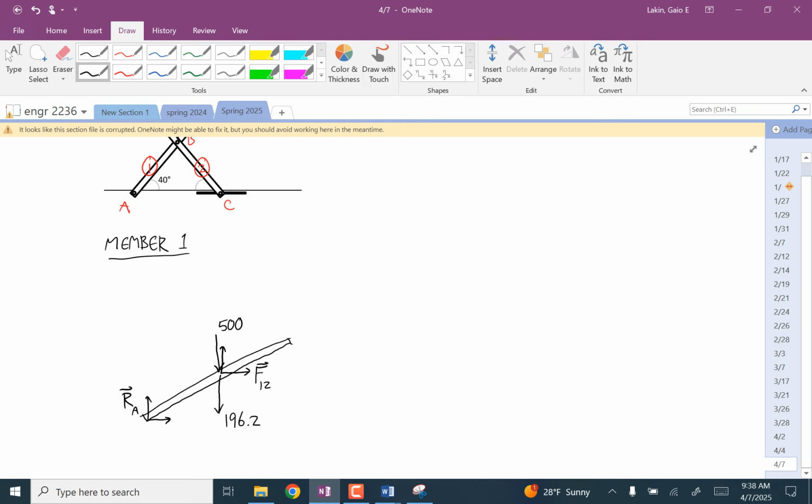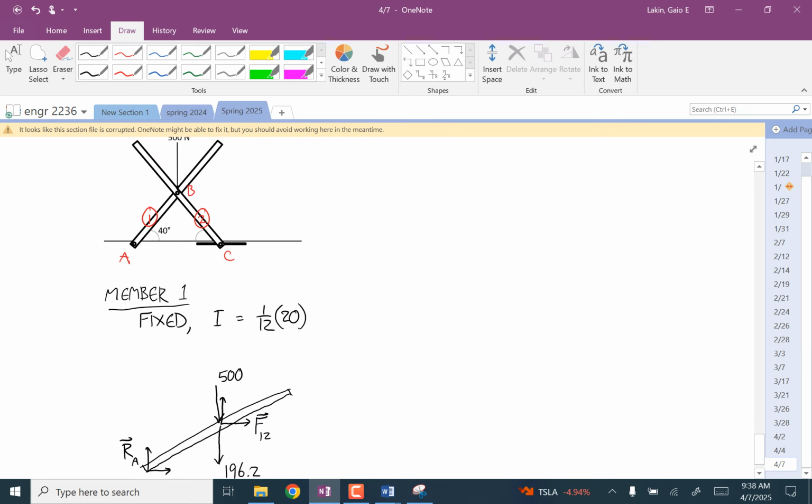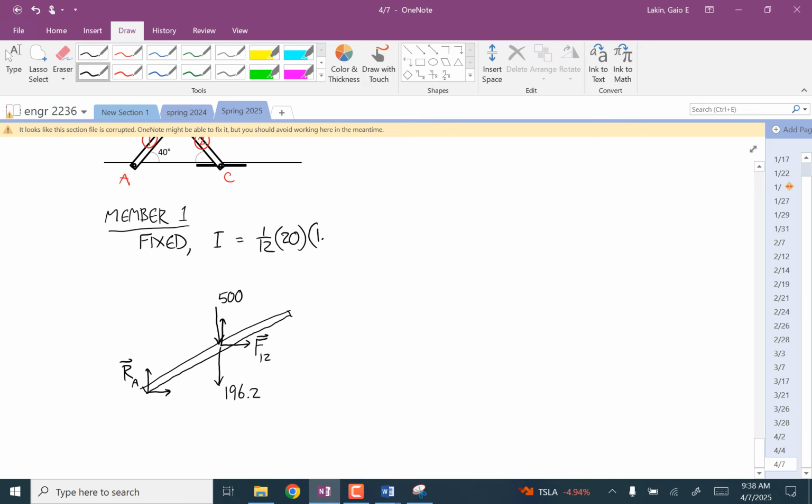I always say before you do that, is there a fixed point for this member? Yes, it's at A. And so that's where our about point needs to be. And so this is 1/12 times the mass times the length squared. And then since our about point is not the center of mass, we have to use the parallel axis theorem.